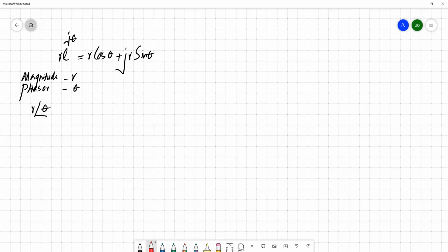So this is the magnitude and this is the phase. Then this complex exponential can be represented using a Cartesian form, with a real component and an imaginary component.